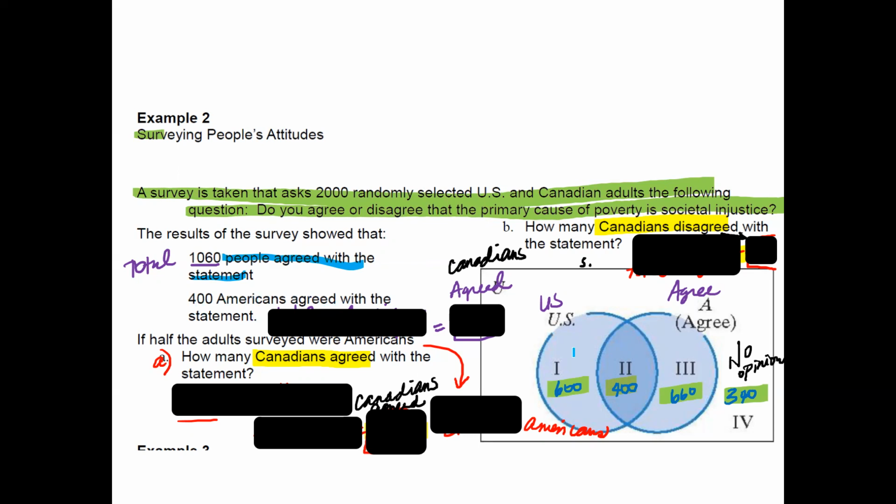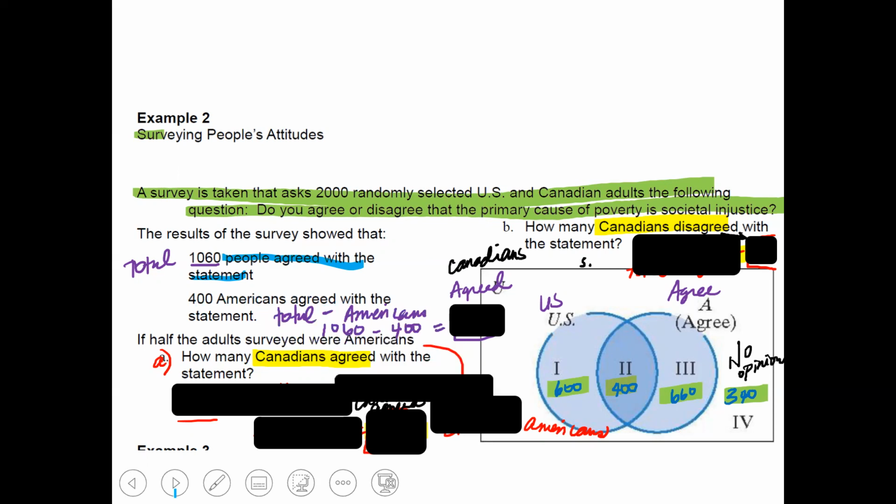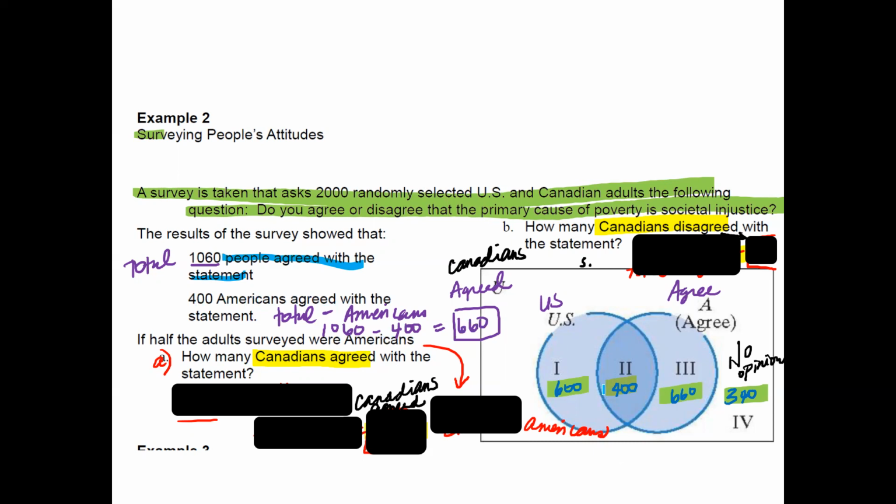So under this part, you have the total minus the 400 Americans that agreed with it. So then that is going to result in 660 who agree with the statement.